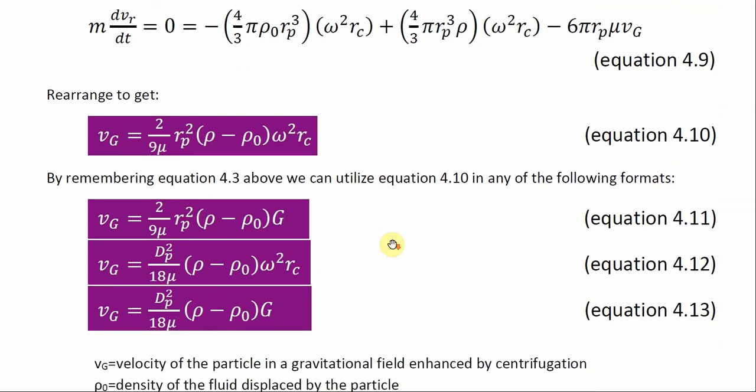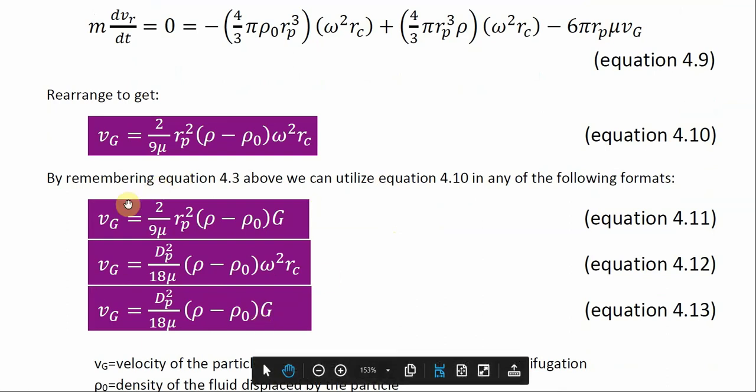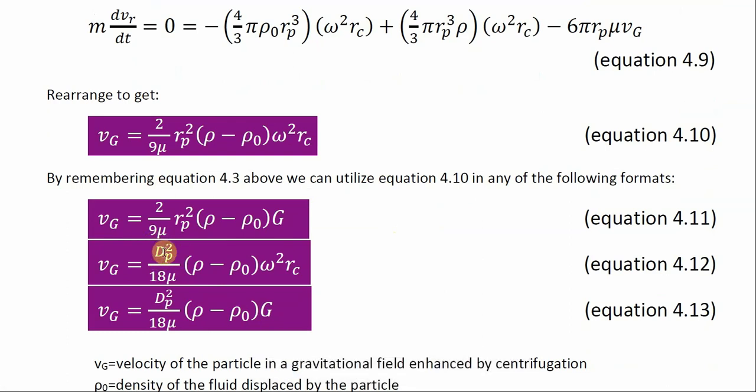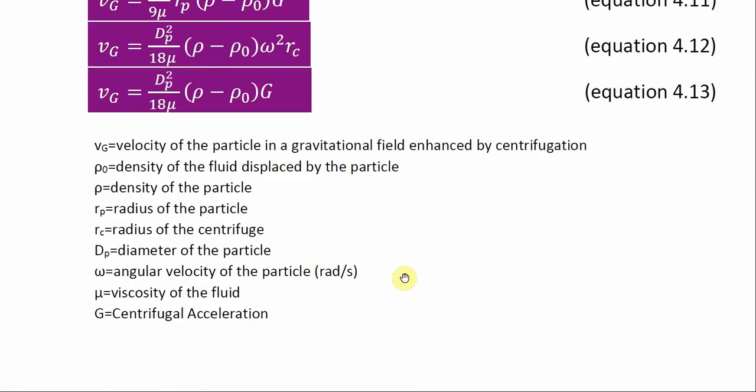Now, by remembering equation 4.3 above, we can utilize equation 4.10 in any of the following formats. So this is just to make things a little bit easier, whether the problem is defining the diameter of the particle versus the radius of the particle, whether you're given this big G term or an angular velocity term. So these are all the same. And I made them purple because purple is my favorite color, so good things show up purple.